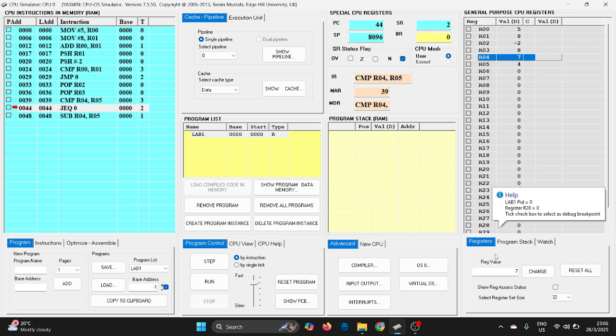Okay. At this comparison, we must have a 0 value, so I change the value to 4 again.